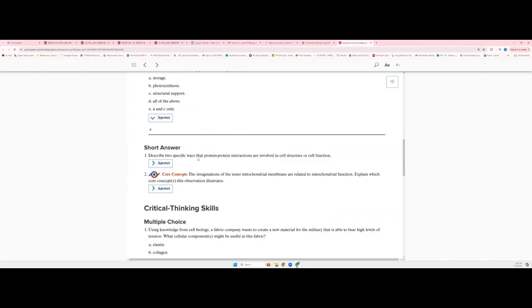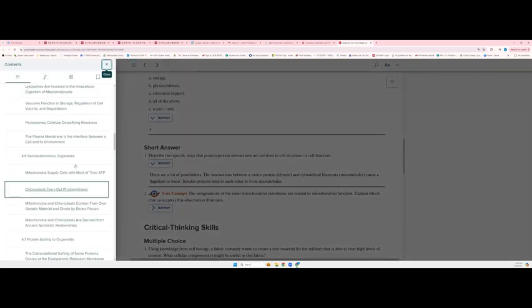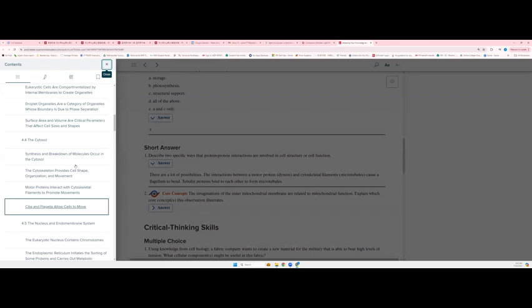Describe two specific ways that protein interactions are involved in cell function. Okay, it's the interaction between the motor protein and filament that causes the filament to bend, and tubulin proteins bind to each other. It's like the example I mentioned to you before.